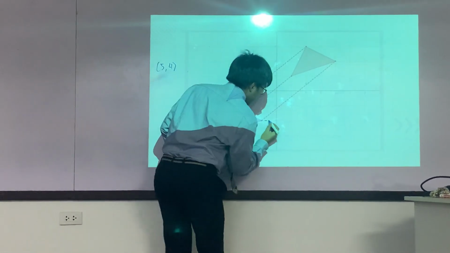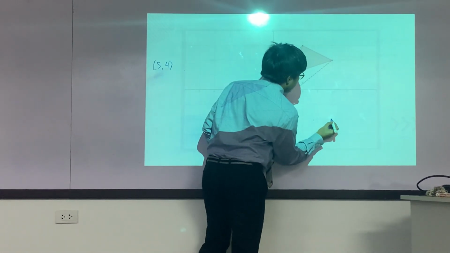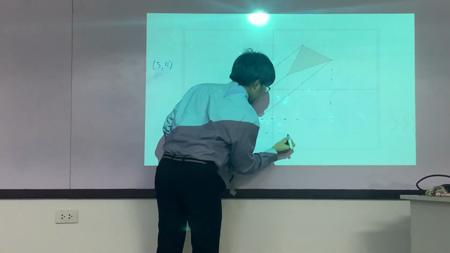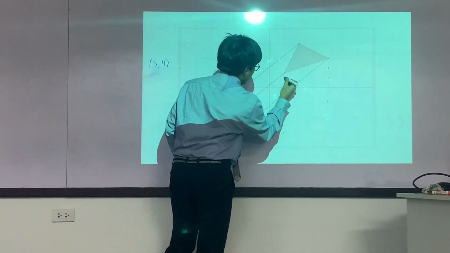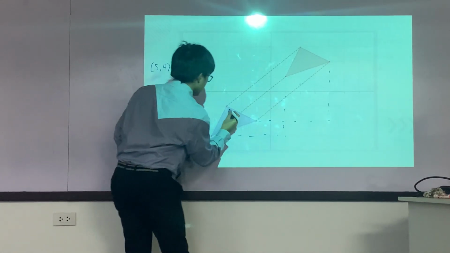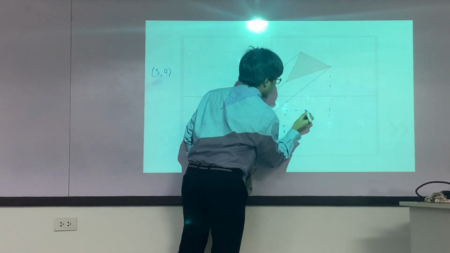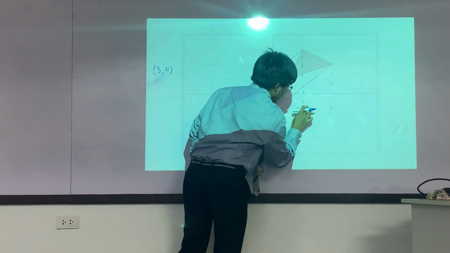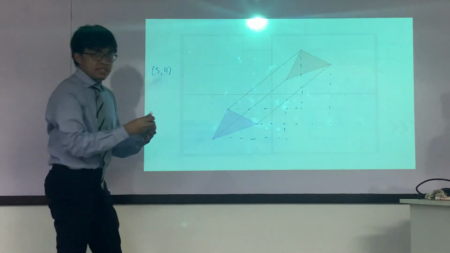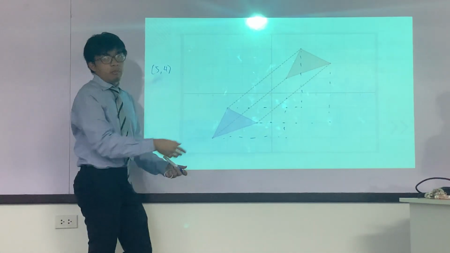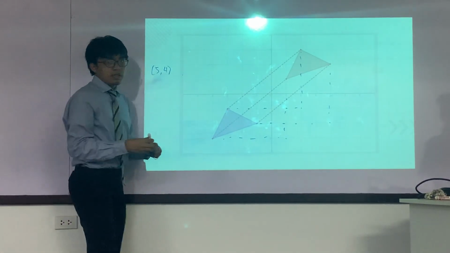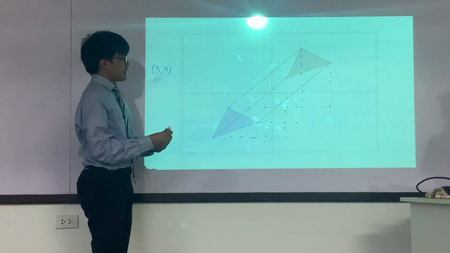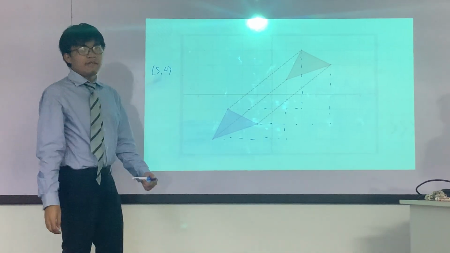You can see here 5, 4, 5, 1, 2, 3, 4. And since they are moved by a uniform distance, this is an example of a translation.